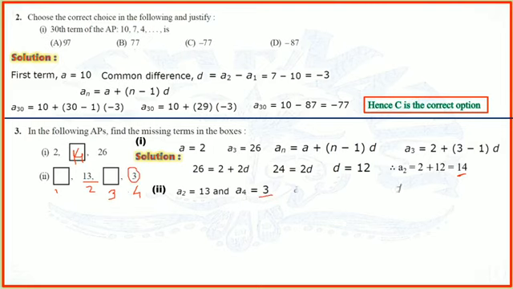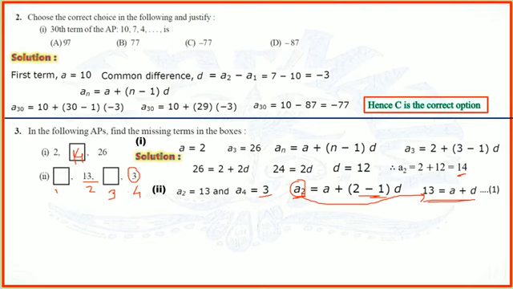Let us use the formula. a2 means n is equal to 2: a2 equals a plus (2 minus 1) into d. Instead of a2 we put 13, so 13 is equal to a plus 1 into d. This is equation number 1 in terms of a and d.